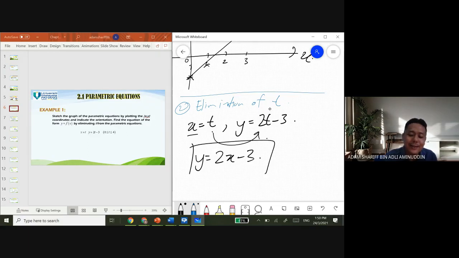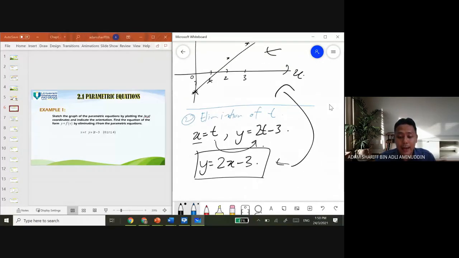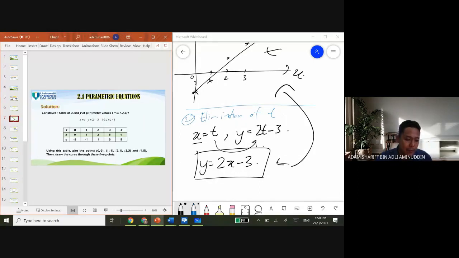So dia suruh lukis equation straight line ini. Itu yang kita boleh justify. This is a straight line with a gradient of positive 2 and also the y-intercept of negative 3. So you kena lukis graph ini. Inilah kaedah elimination of t. And let's look at the drawn diagram here. Ini plotting tadi kita.